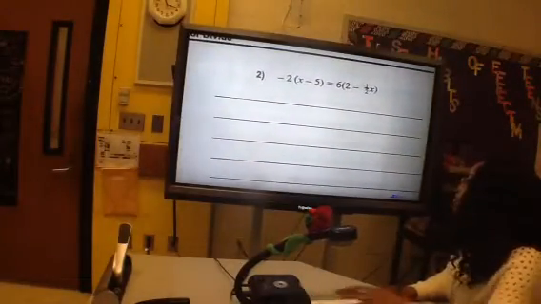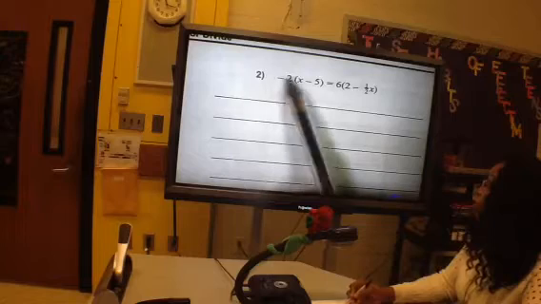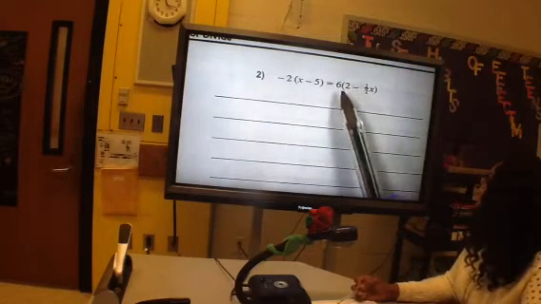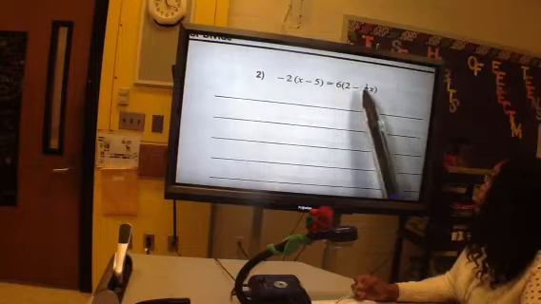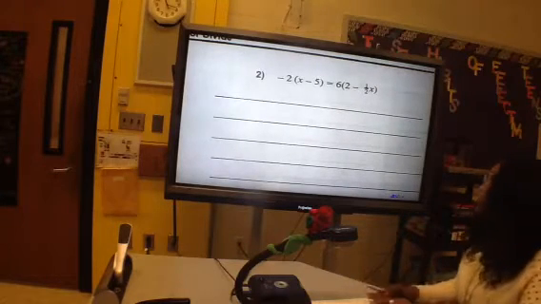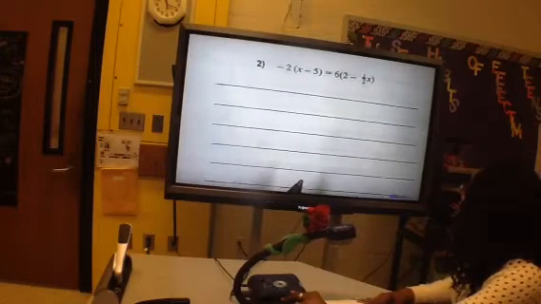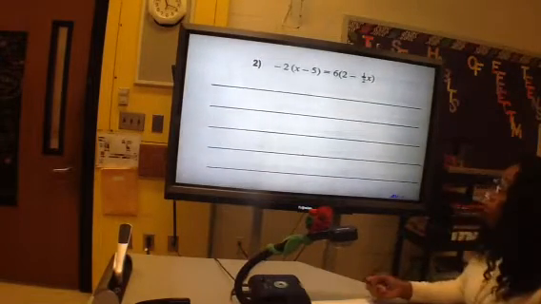You have -2 times, parentheses means multiply, x minus 5 equals 6 times 2 minus 1/2 x. Don't forget your plus negative thinking, and insert your invisible ones if you have to in front of the variable coefficients.